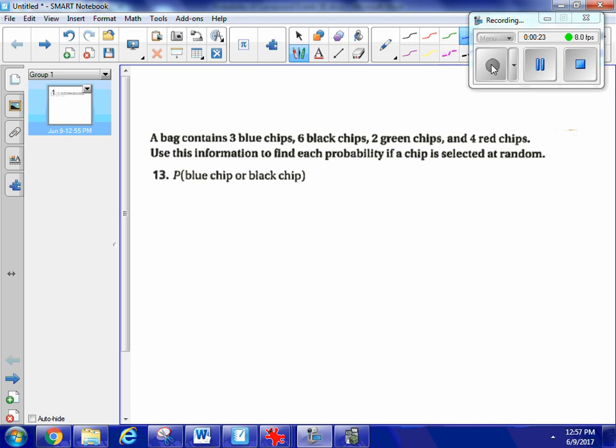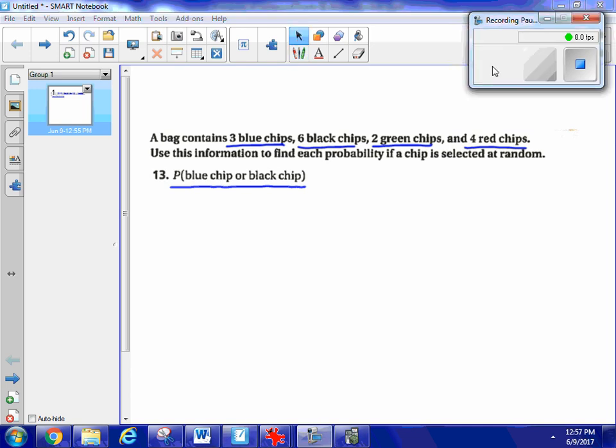And I have 3 blue ones, 6 black ones, 2 green ones, and 4 red ones. So I want to find the probability of a blue chip or black chip. I'm going to pull one chip out, and I want to know what is the probability that it is blue or black. It can't be both blue and black.